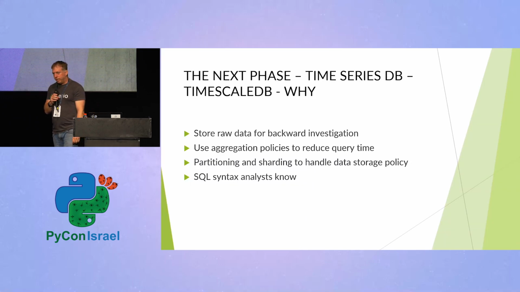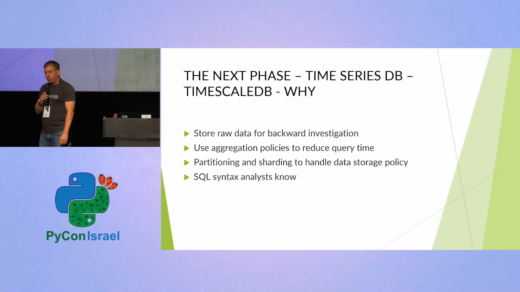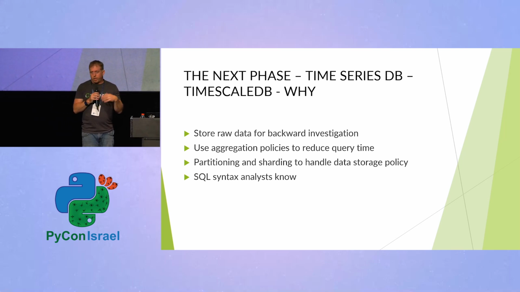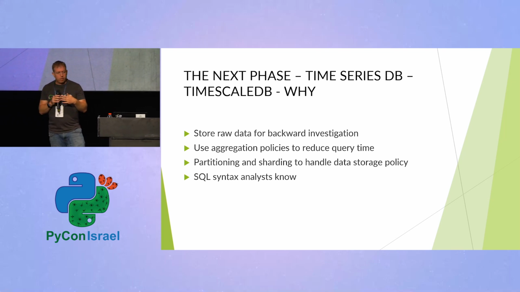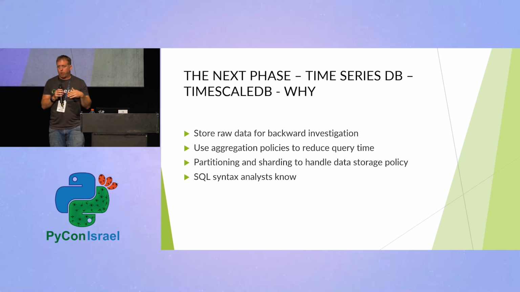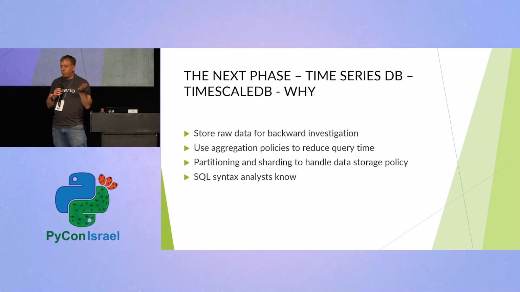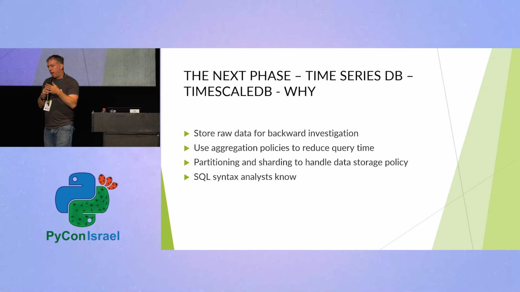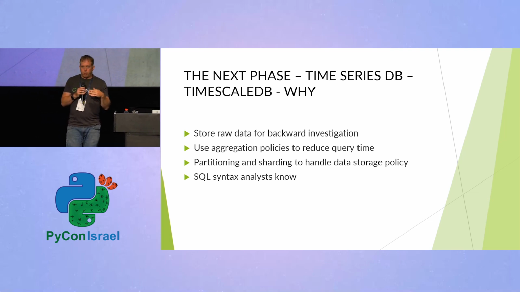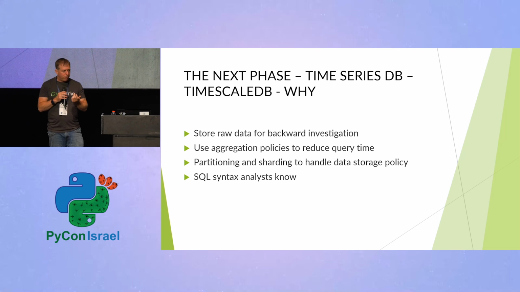So why do we think that timescale was a good option? So we could use the raw tables, so we could investigate backwards our information. And also we used aggregation policies to aggregate the data from the raw tables into the output batch processing format without intervention and additional queries.